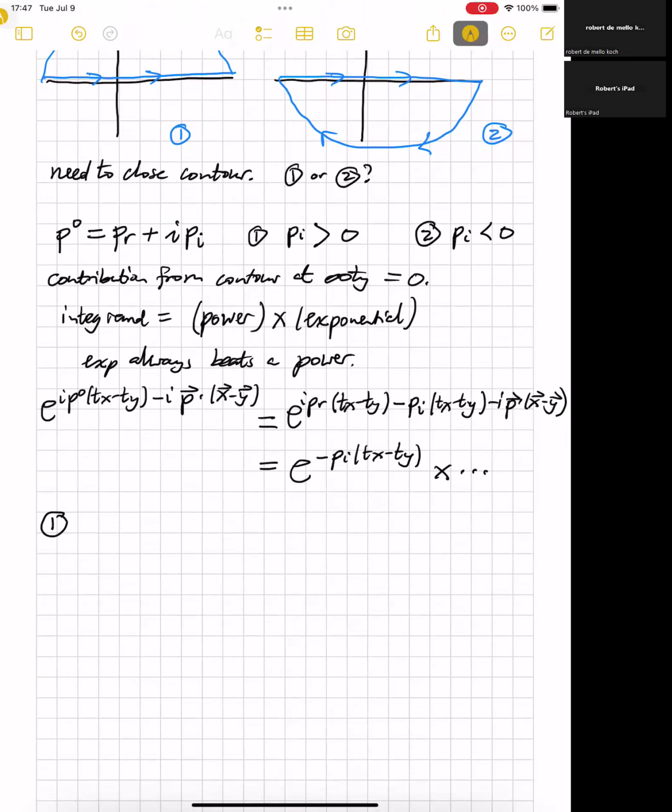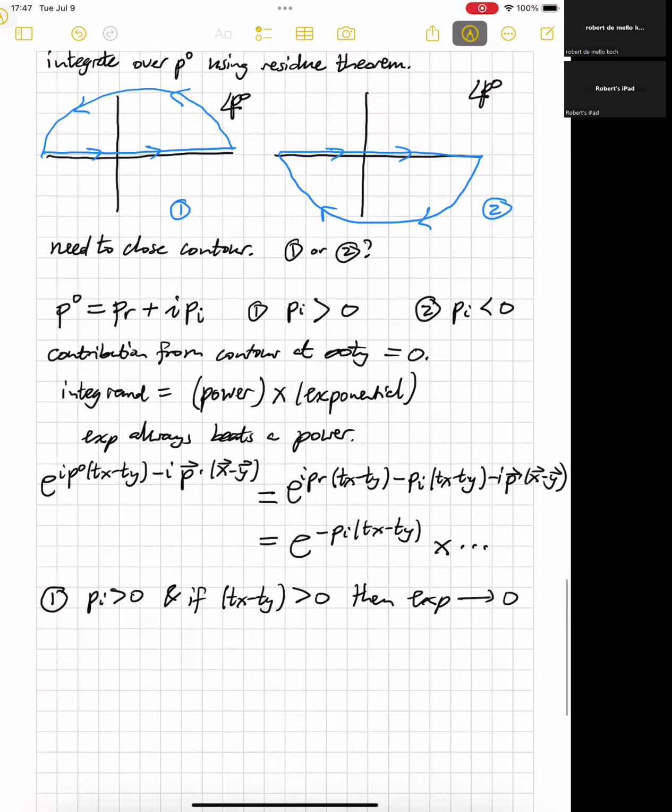So if we are looking at possibility 1, then we know that pi is greater than naught. And if tx minus ty is greater than naught, then the exponential goes to 0 exponentially fast, because we've got e to the minus pi, which is huge on this contour. We've gone off to infinity. And tx minus ty is positive, so e to the minus a very large positive number, that exponential is decaying.